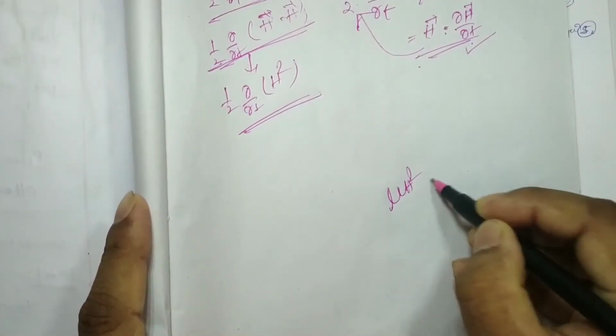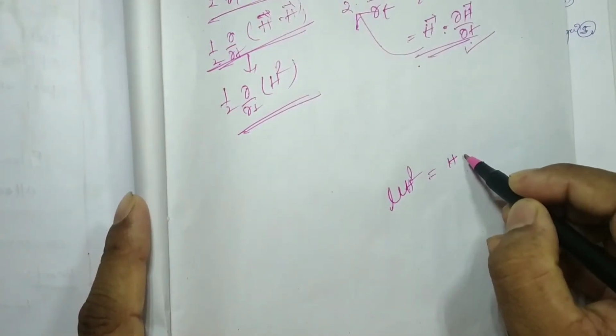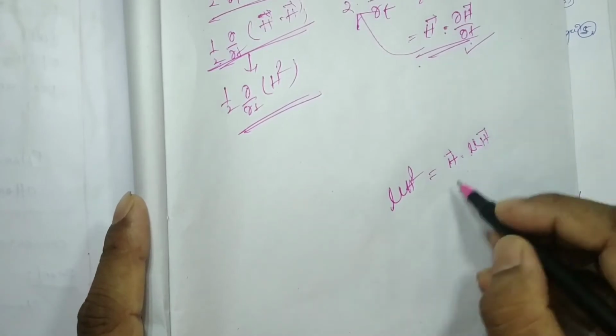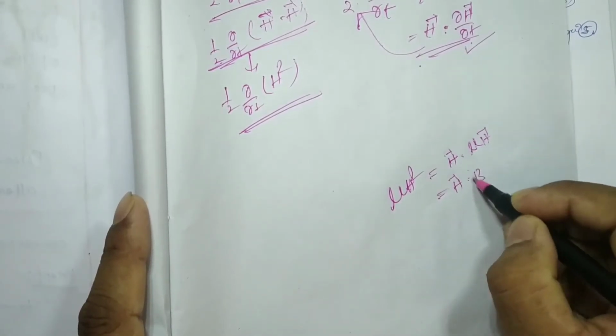So mu H square can be written as H vector dot mu H vector, or H vector dot B vector.